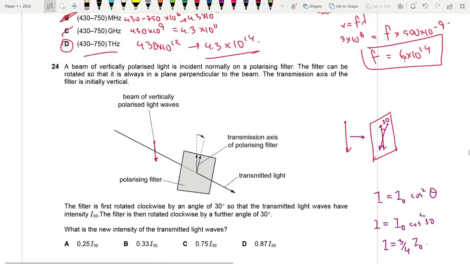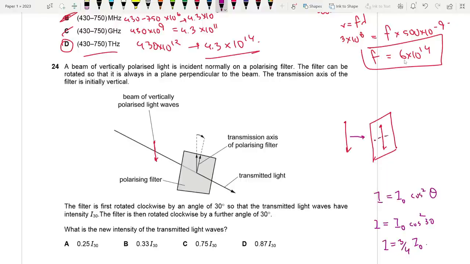Now we rotate this a further 30 degrees, so now it's at 60 degrees.